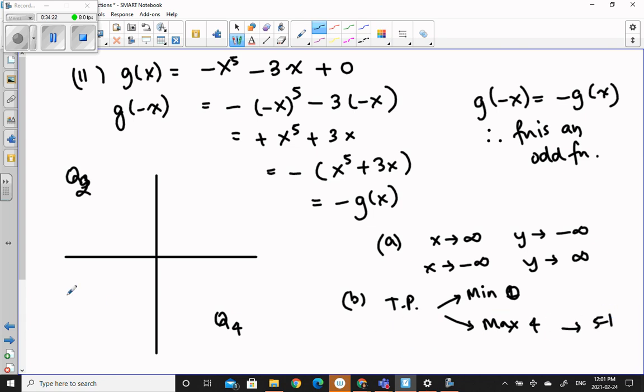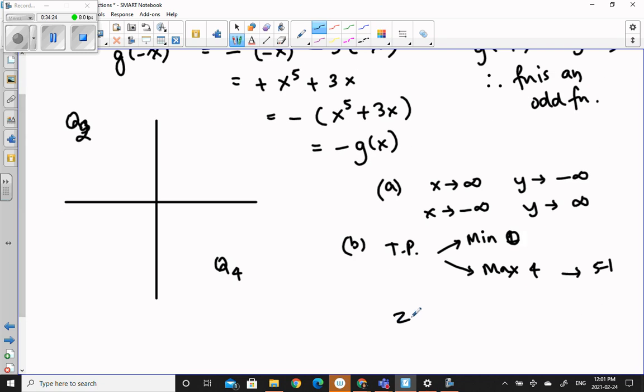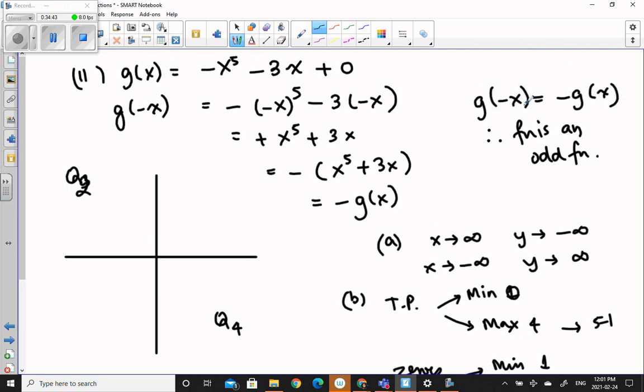And for zeros, you could have a minimum of 1, because every odd degree function has to cross the x-axis at one point, and the maximum it can have is the degree of the function, which is 5.